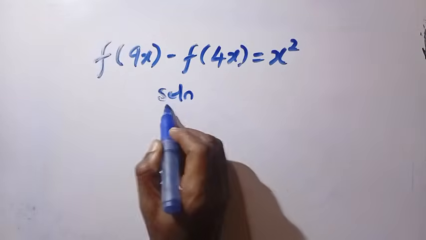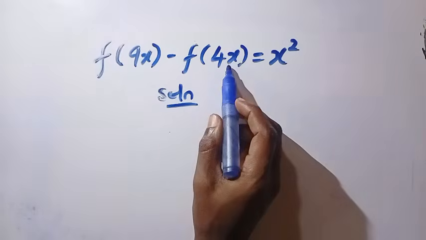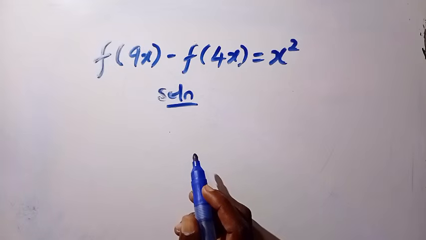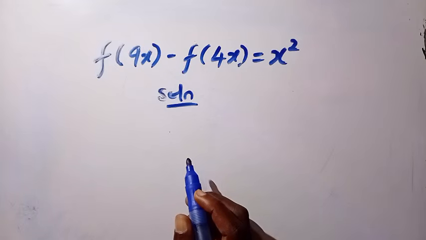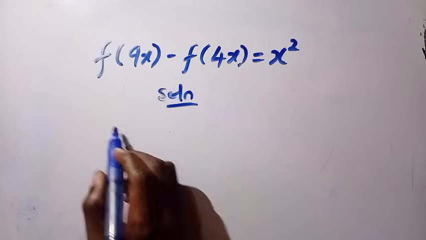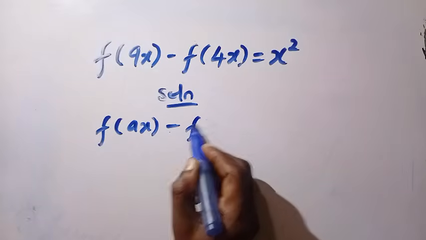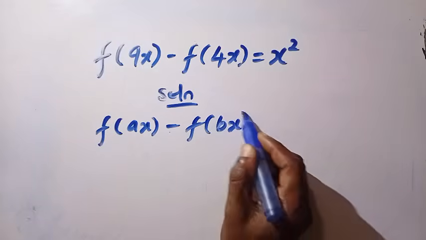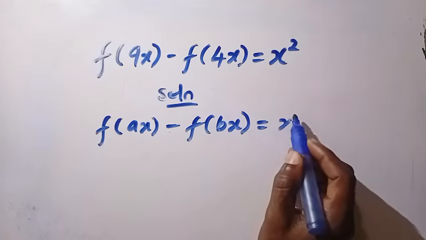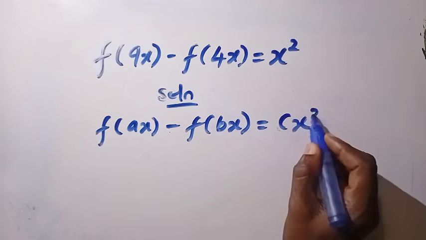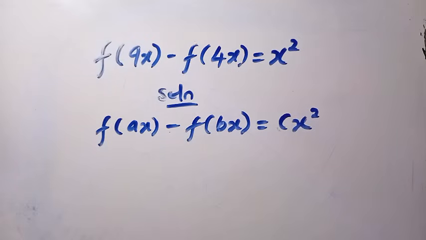If I consider the solution, we have f of 9x minus f of 4x equals x squared. Consider a form. Let's say we have f of ax minus f of bx equals, let's say, cx squared, for instance, and we want to derive the general form.